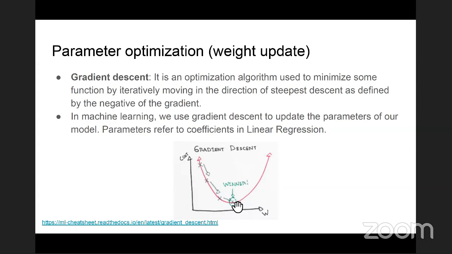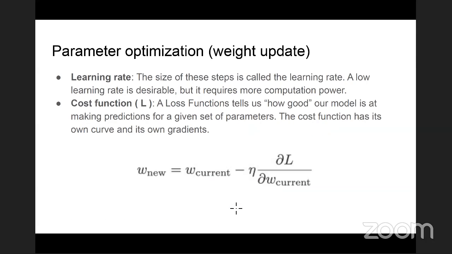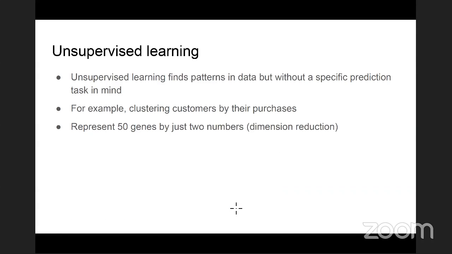So the optimization process finds this point, and the characteristic of this point is that its slope, the gradient with respect to W, is 0. So we use something called gradient descent to change the weight, but not just one weight. It will be many weights or many different coefficients to find the lowest point, the lowest cost for a given set of hyperparameters. Okay. Skipping.